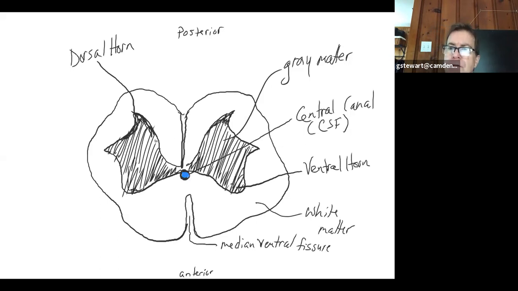All right, now off to the left of this, which is why I left the left side of this picture mostly blank, I'm going to attempt to draw how the nerve roots emanate from the cord.